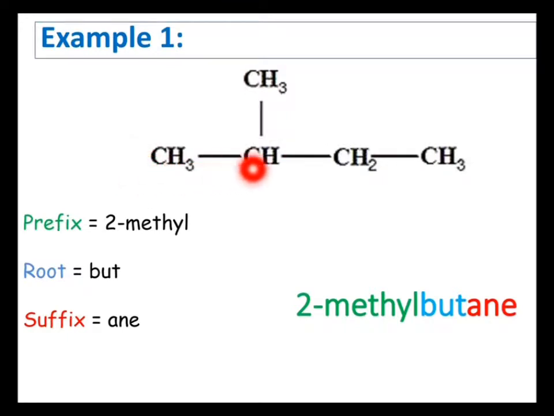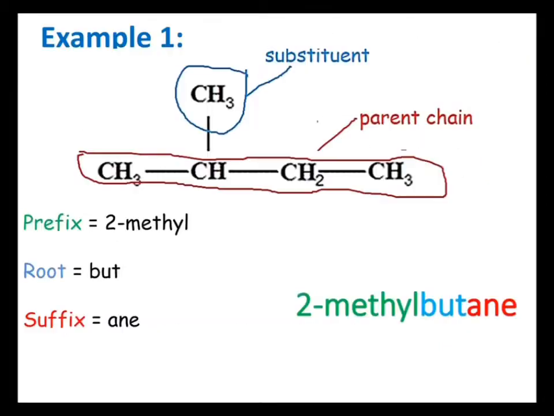So let's take this one, the straight one. So let's go straight, and let's make that our parent chain. So when we choose this as our parent chain, then the rest will be our substituent. So the parent chain, you can name it the way we name straight chain alkanes.